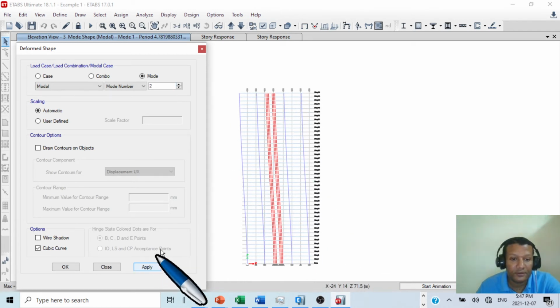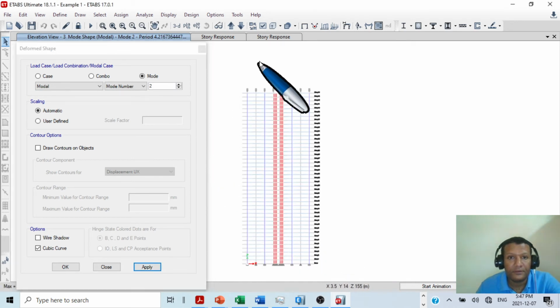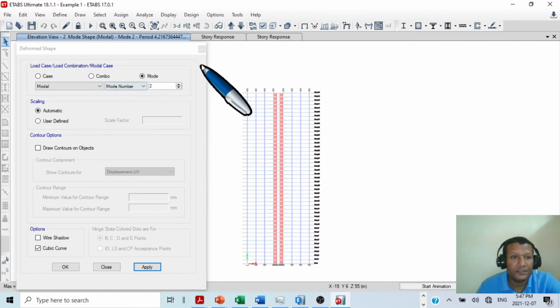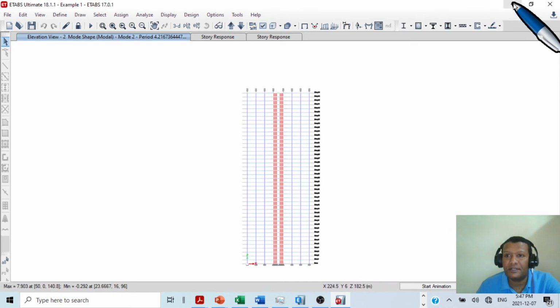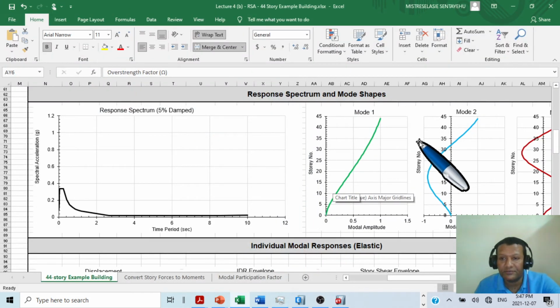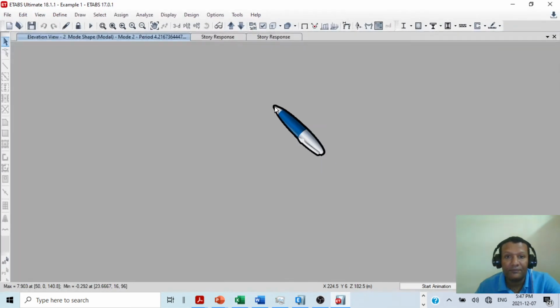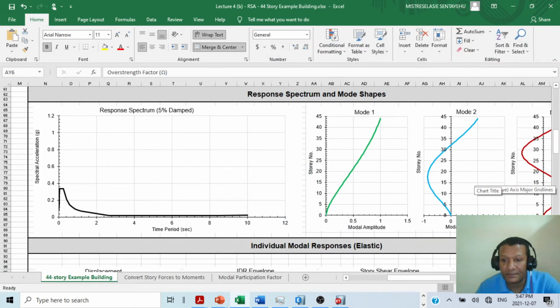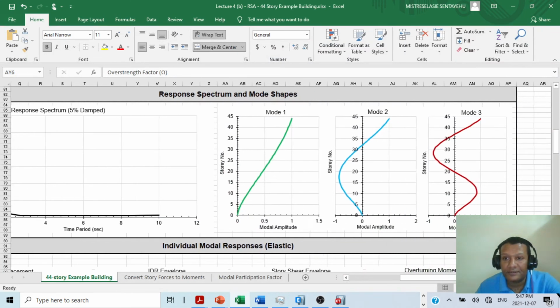Second mode. So in this way we can see the second mode, so you can see. This is the first mode, this is the second mode, and this is the third mode.